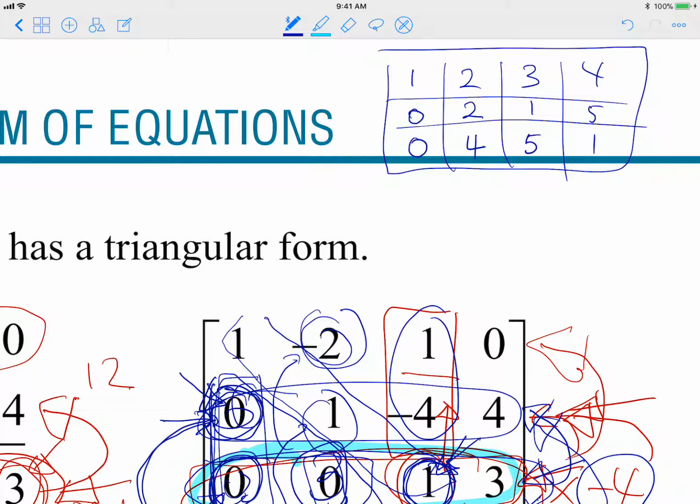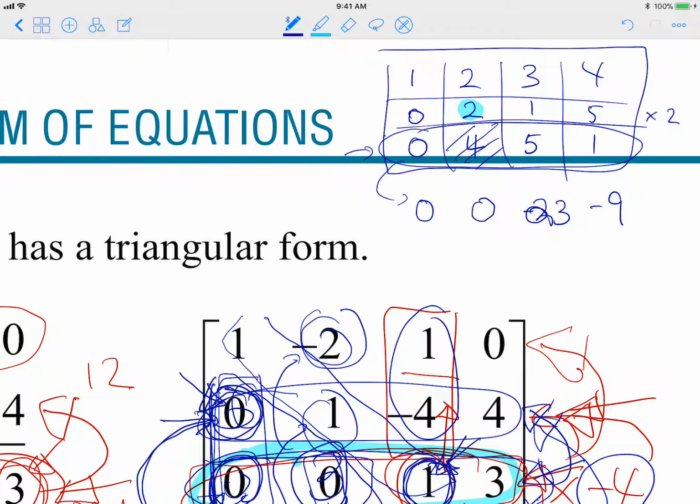Suppose this is the intermediate augmented matrix that we had. In this case we pick up this guy and remove this value by multiplying it by 2 and subtracting it from the third equation. Then this third row will be changed into 0 and 0 and 3, and then negative 9.